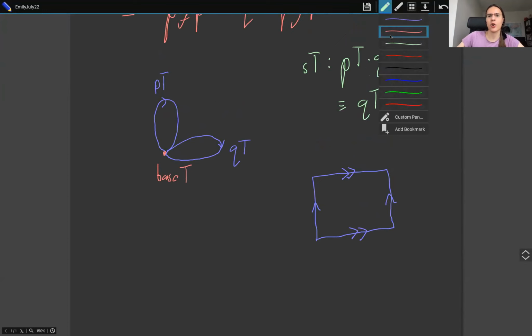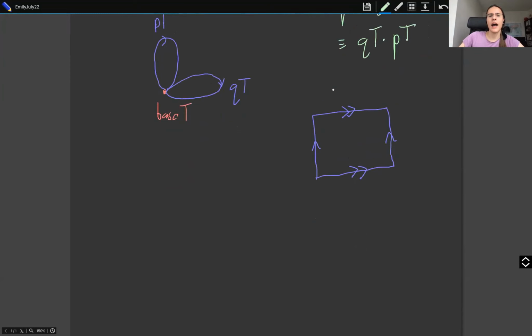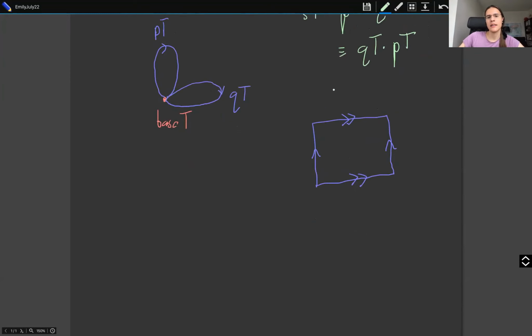And then to draw it, well, it's okay. Drawing it is somewhat difficult.